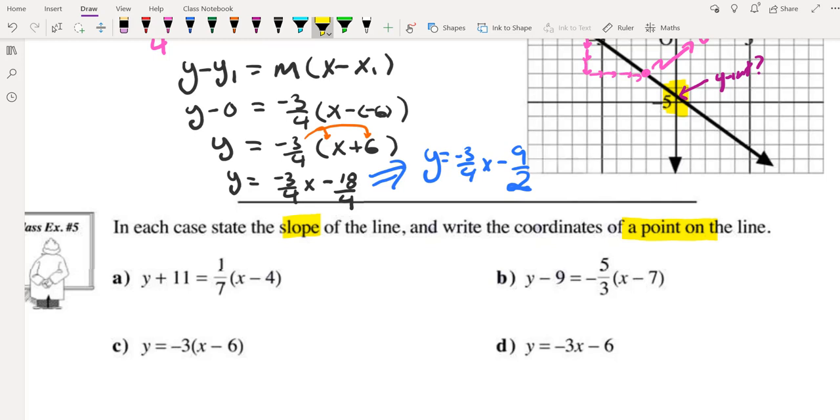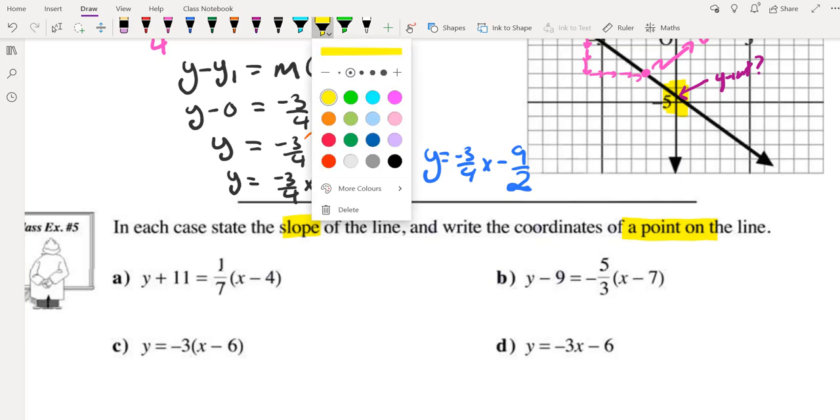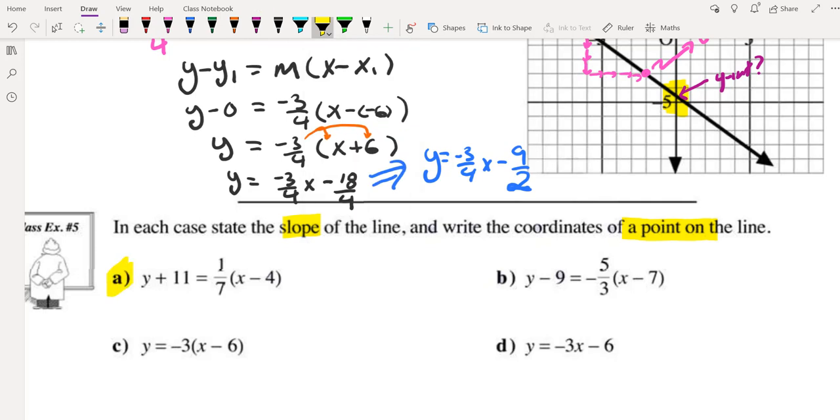Have a look at these. I'll do the first one with you guys. Looking at A here, this is in slope point format. We know the slope is going to be the m value, which is in front of the brackets there. So the slope is 1 over 7.